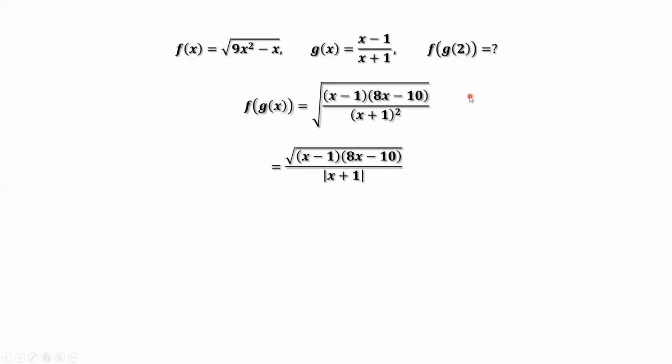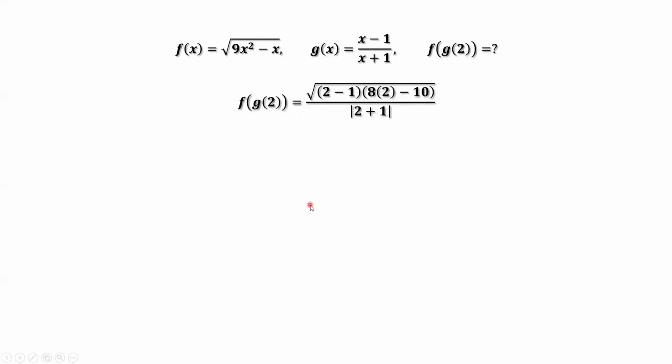Back to our question. F of g of 2 equals what value? We only need to replace x by 2 from this general formula. Therefore, we have f of g of 2 equals the square root of 2 minus 1 times 8 times 2 minus 10 divided by absolute value of 2 plus 1.